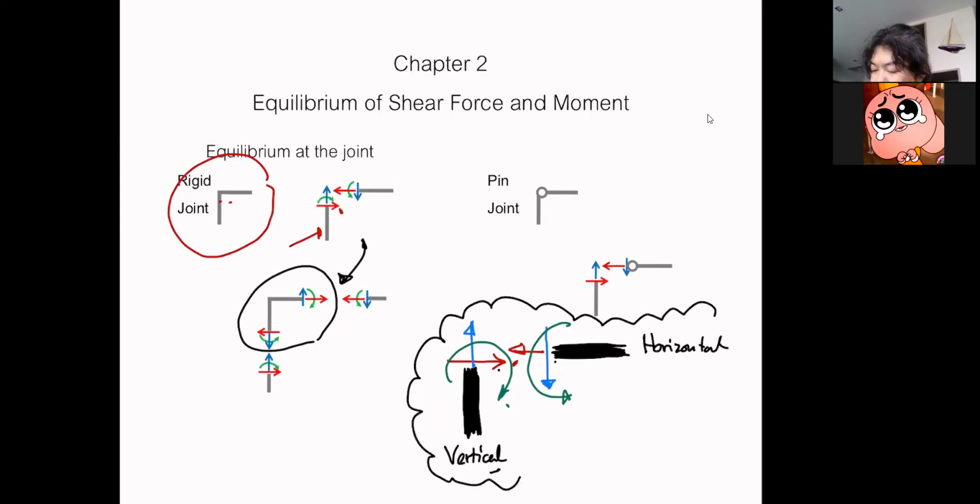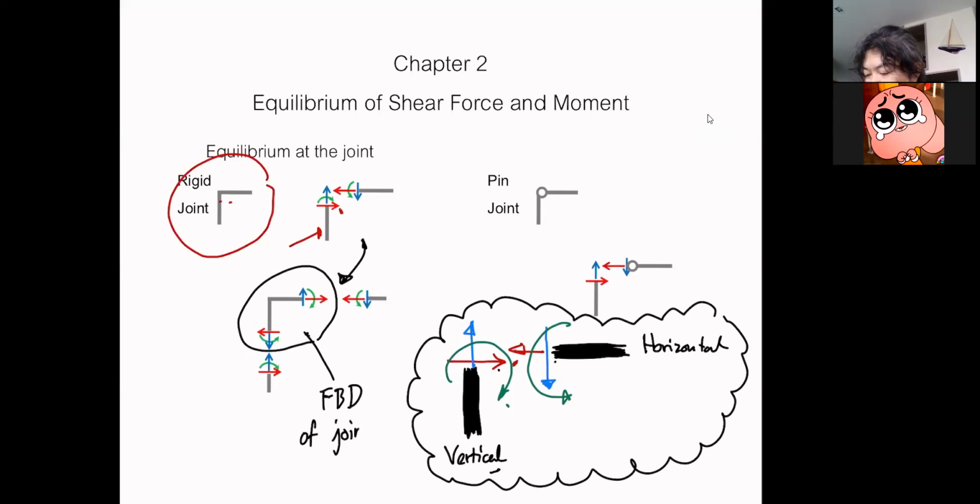You don't need to draw the free body diagram of a joint, but being able to draw it will help you a great deal when there is an external load applied right at the joint. Because the free body diagram without the joint will not show you how you can handle the load that is applied right at the joint. So this will be useful.